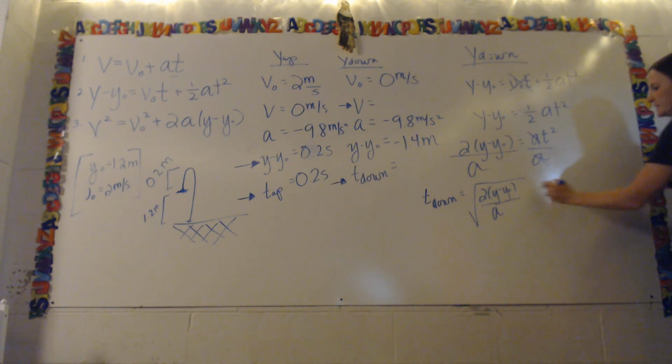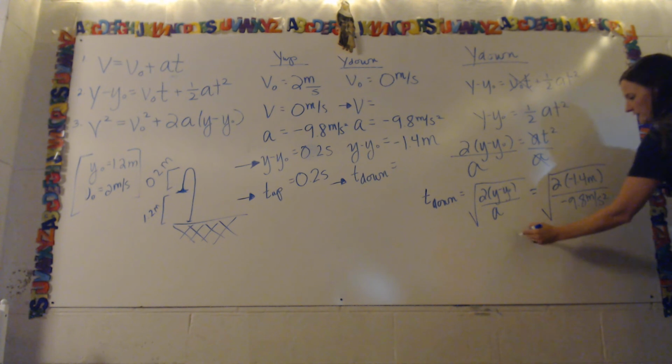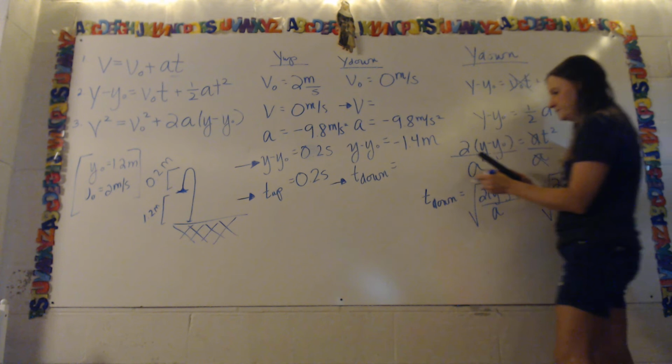So let's put that in. So we say, okay, time down is the square root of 2 times y minus y naught, which is negative 1.4, divided by a, which is negative 9.8. This works out nicely with our signs. The negatives cancel out. And this gives me, let me tell you, 0.53 seconds.